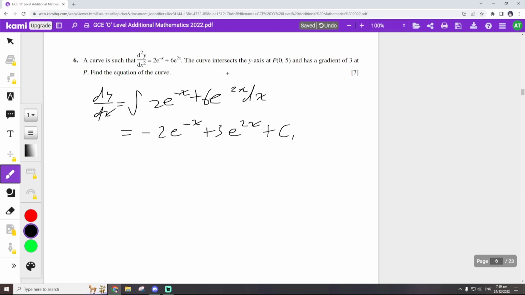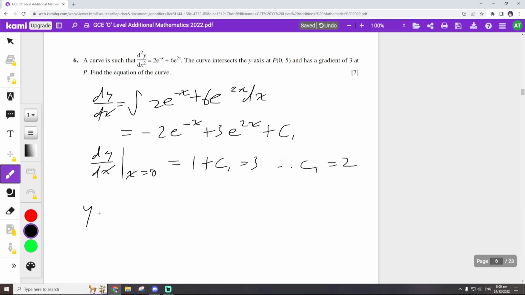I know that when x equals 0, e to the power of 0 is 1, so you get 1 plus c1 equals 3, so therefore c1 equals 2.